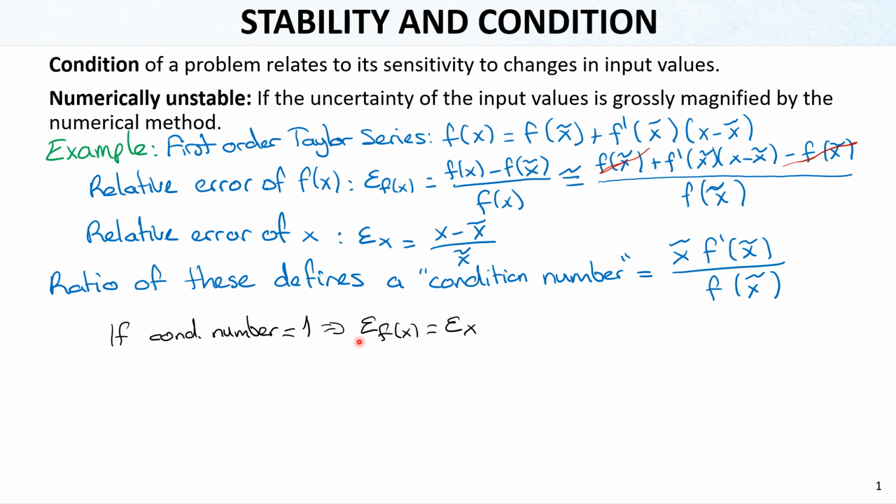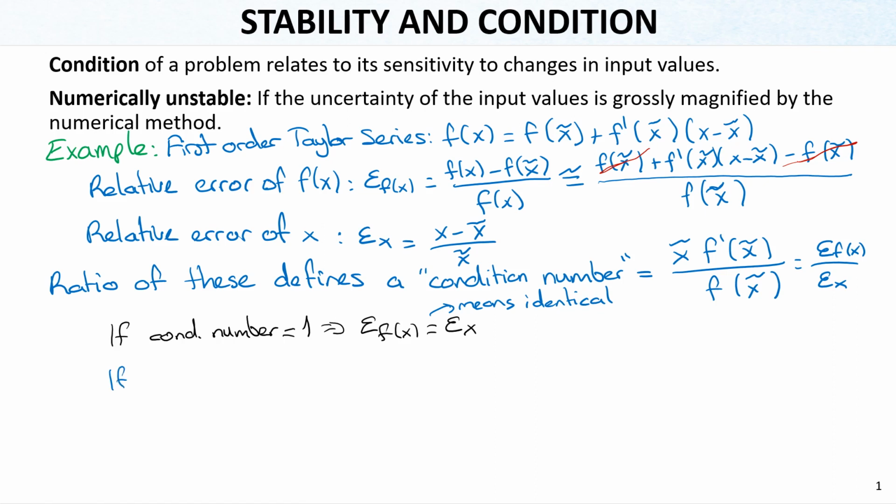These are equal to each other because these are divided already. So this is simply equivalent to epsilon f(x) divided by epsilon x, and if these are equal to each other, that means the result is 1, meaning identical. So the error in the function value and the x value is identical, the same.